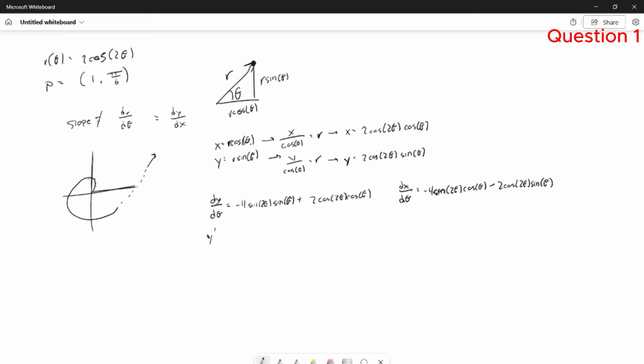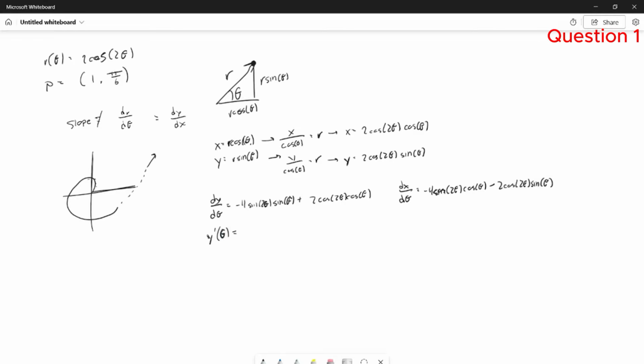Now we evaluate at the point 1 comma pi over 6. However, we notice that our function is not even dependent on r, so we don't need to worry about the 1. All I care about is the pi over 6.